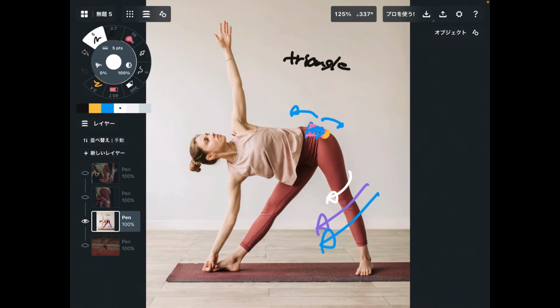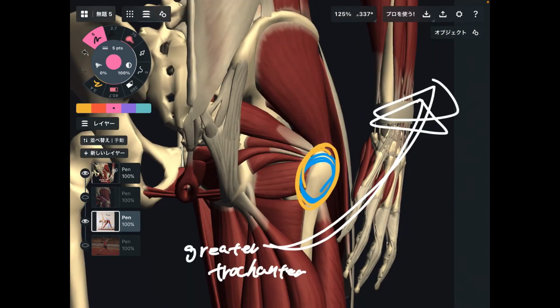Their function is external rotation. So if you do the opposite movement, that may give a stretch for the external rotators. Does it make sense? So this kind of side bending stretch, this sideways stretching, can give stimulus for these muscles. Then you can do kind of self-care, self-treatment for muscles around the greater trochanter.